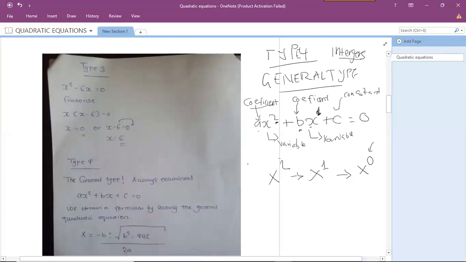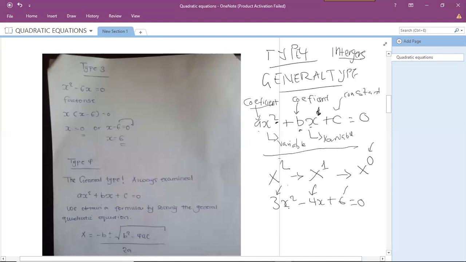So that's how a quadratic equation should always be arranged, because the examiner might mess with it. Let me give you an example. Let's say 3x squared minus 4x plus 6 is equal to 0. They say solve this quadratic equation. These are the coefficients, and this is the constant term.